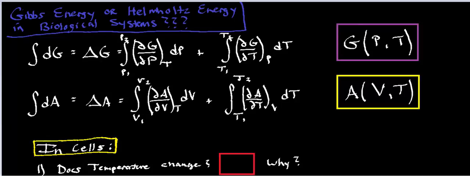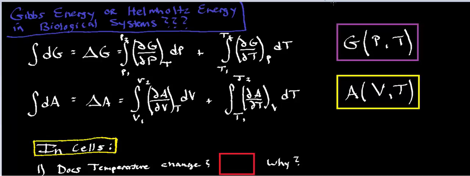And the atmosphere, assuming you're not going up and down in altitude, which you're not in a chemistry lab, is at constant pressure. So if pressure is constant and volume does tend to change a lot depending on the container, that means we tend to want to use Gibbs free energy a lot more.